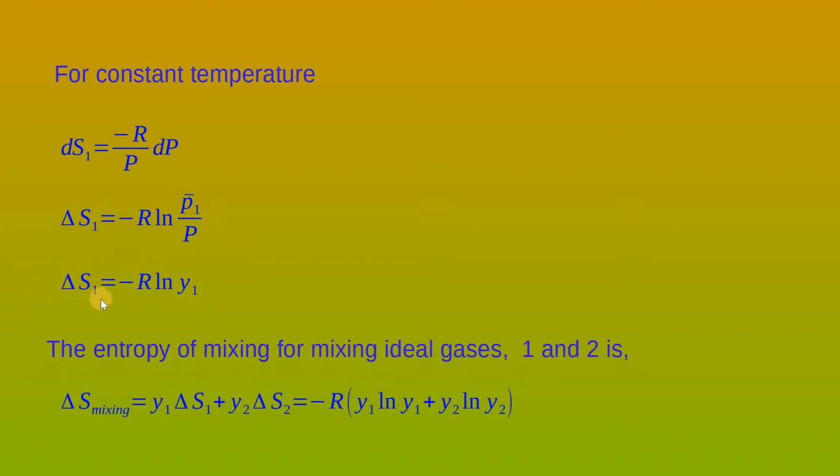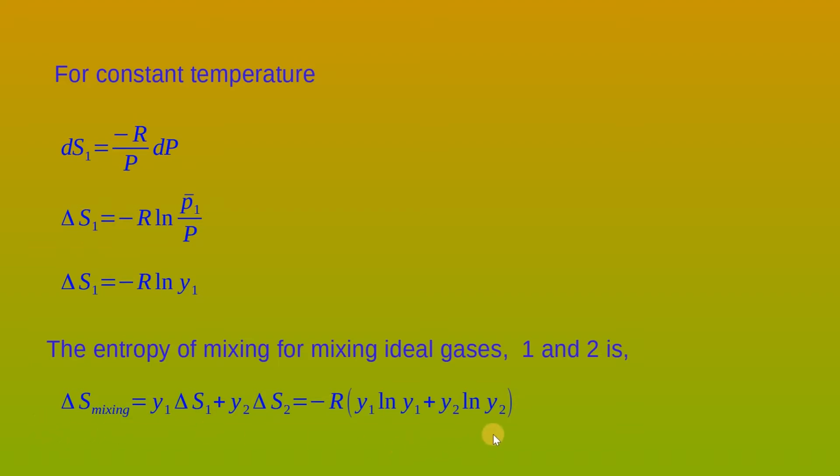Therefore, we can write delta S1 is equal to minus R ln of Y1, where Y1 is nothing but the mole fraction of component 1 in the gas mixture. The entropy of mixing for ideal gases 1 and 2 is therefore delta S mixing is equal to Y1 delta S1 plus Y2 delta S2, which is nothing but minus R [Y1 ln Y1 plus Y2 ln Y2].